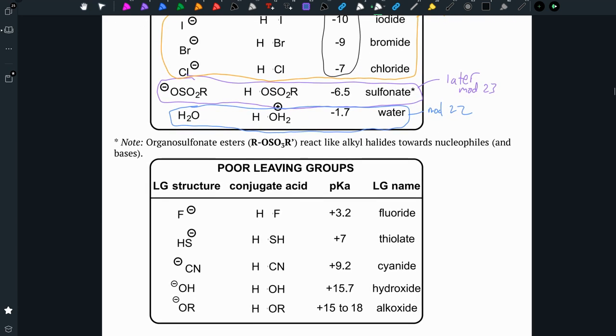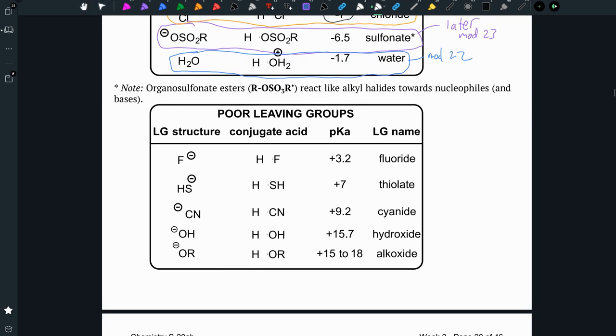So things that have positive pKa's of their conjugate acids, like F minus or SH minus, CN minus, are not good leaving groups for SN2. So these won't do SN2.